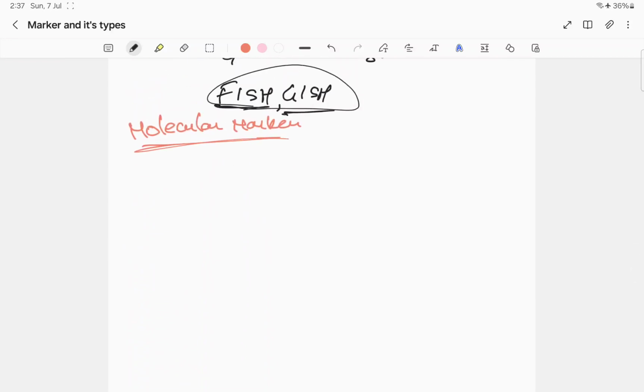Where this molecular marker is generally used, for example, if we have a variety, say variety A, and two plants we have taken, plant 1 and plant 2.